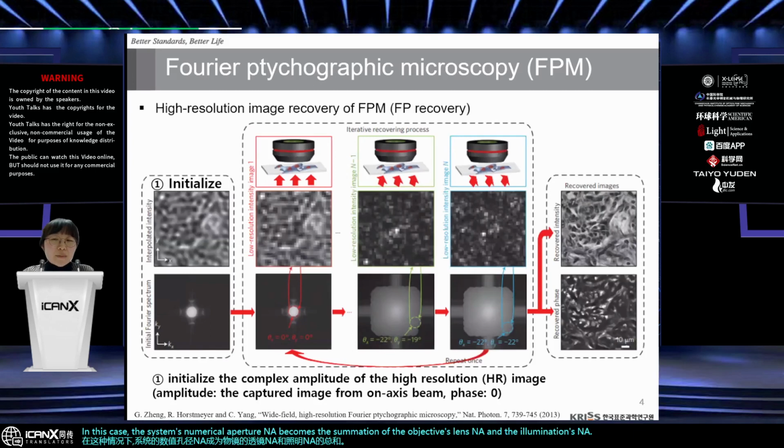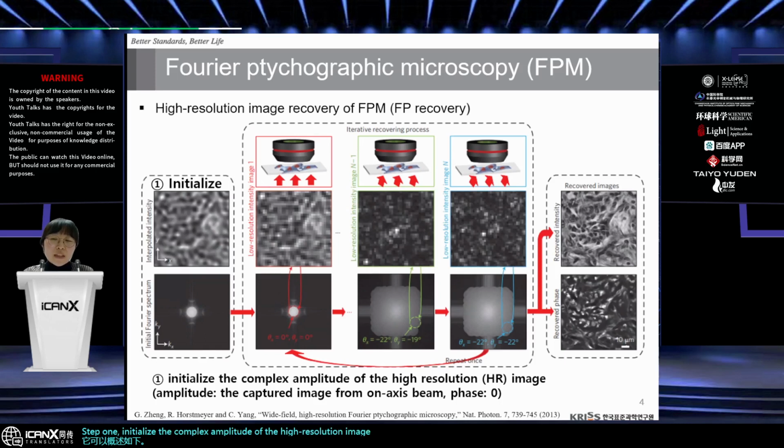In FPM, the process of obtaining a high-resolution image using the method mentioned earlier is referred to as FP recovery. To explain this process in more detail, it can be outlined as follows. Step 1, initialize the complex amplitude of the high-resolution image.